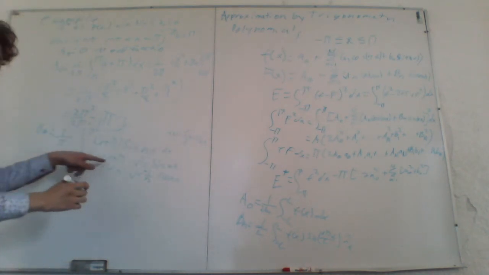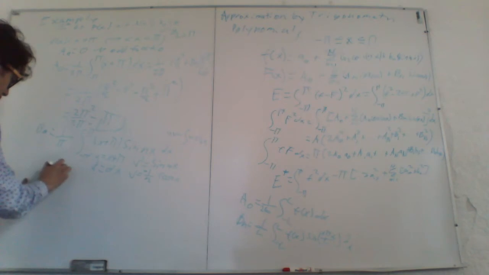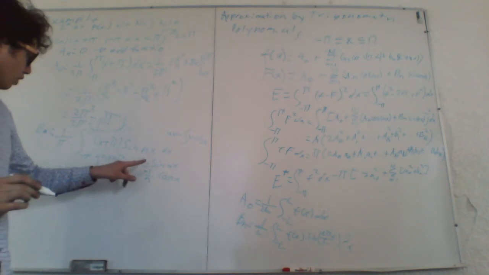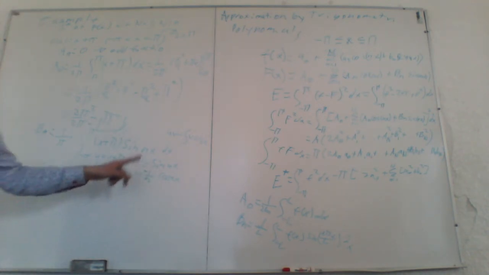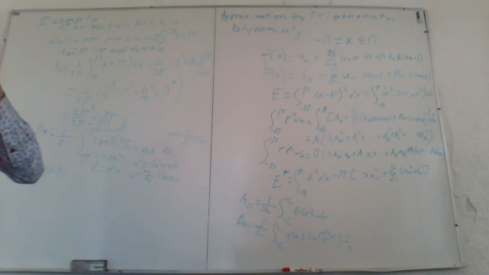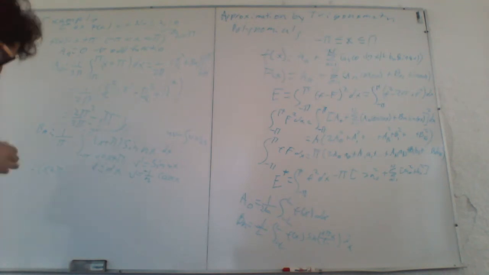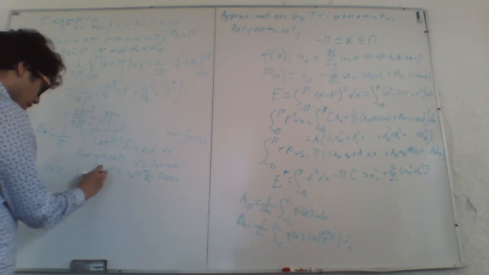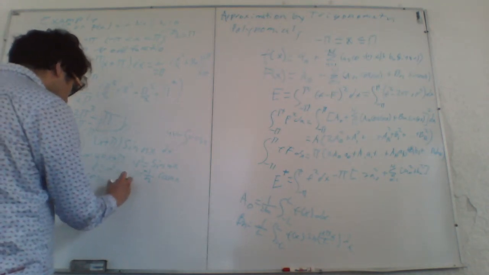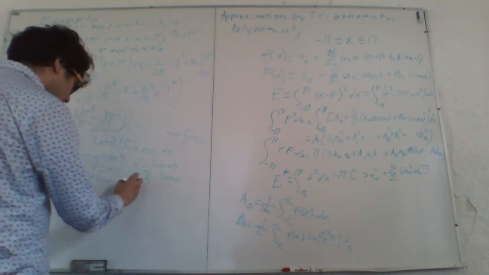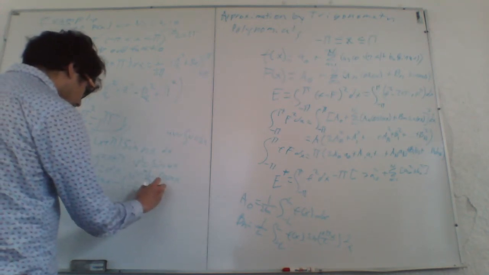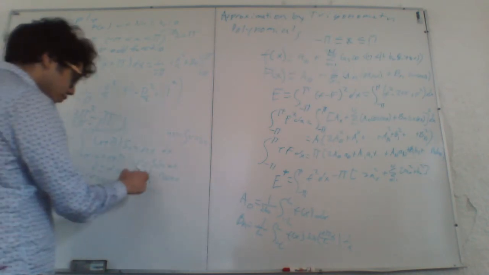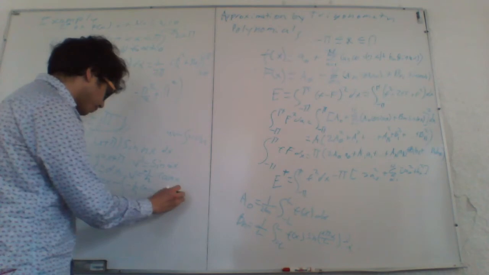So uv, with u equal to x plus pi, times minus 1 over n cosine of nx, minus the integral of v, minus cosine of nx, times du, that is dx. Okay?